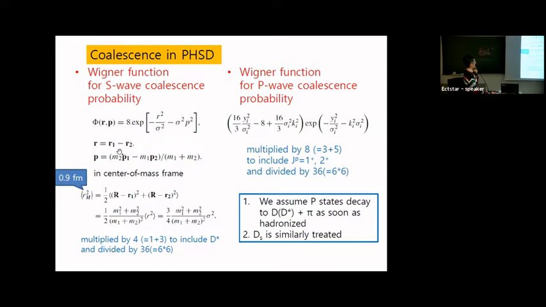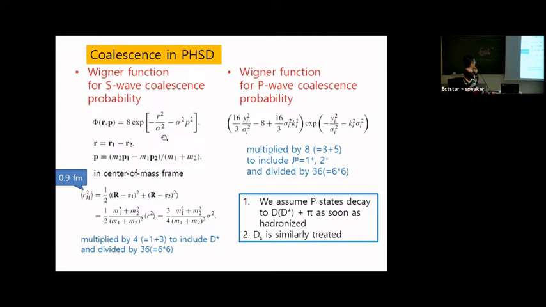R is relative position, R1 is position of charm, and R2 is position of anti-light quark. P is relative momentum. These R and P are not Lorentz invariant, so we should specify the frame, and it should be calculated in the center of mass frame.